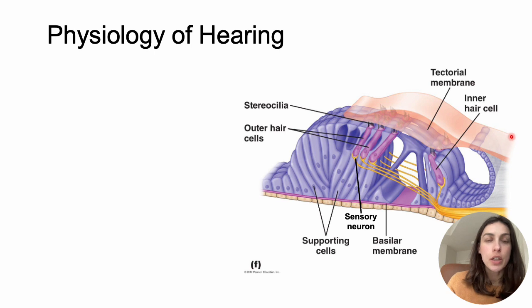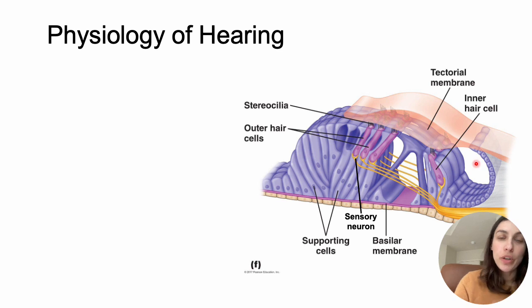The edge of the tectorial membrane is anchored to the inner core of the cochlea, the axis onto which the cochlea is coiled, and it's quite stiff. So as everything's bouncing around, it remains unmovable because it's in the center and everything's flowing around it, so it's not bumping in any direction.